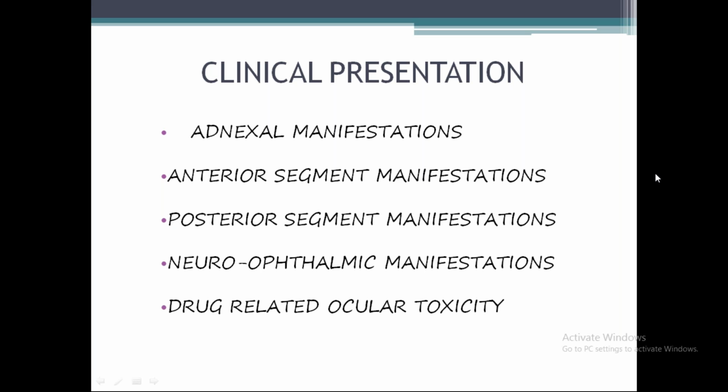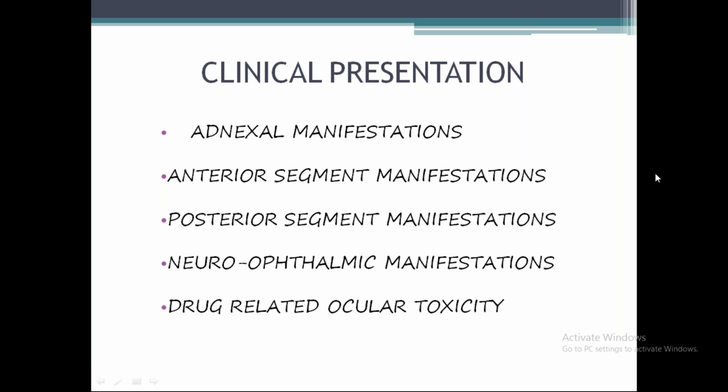Can anyone tell any neuro-ophthalmic manifestation or posterior segment manifestation or anterior segment manifestation in the eye, anything, whatever comes to your mind? Tuberculosis is a chronic disease. It's a granulomatous disease. There is granuloma formation. So what are the manifestations in the eye?